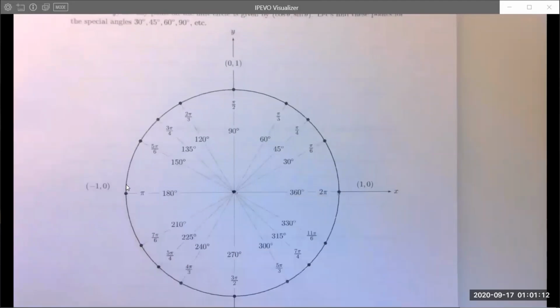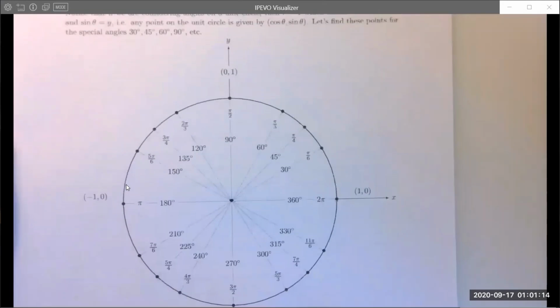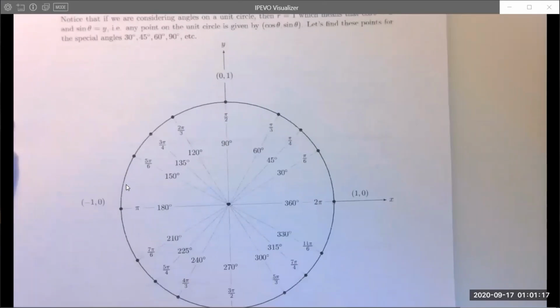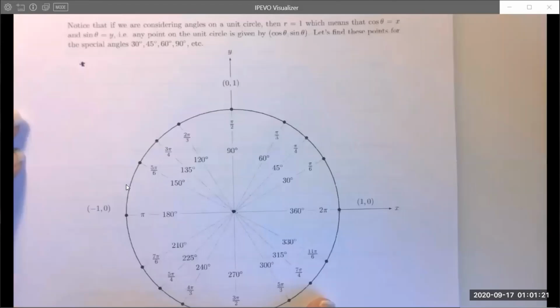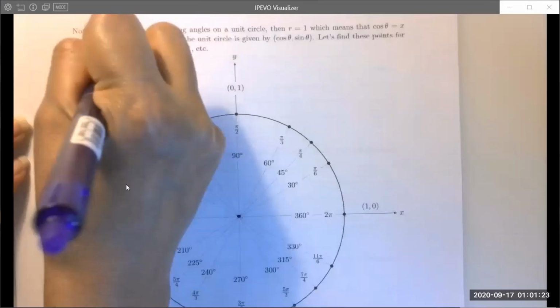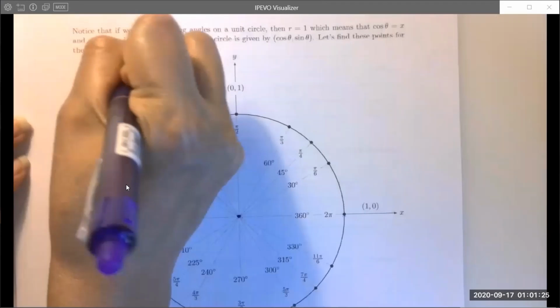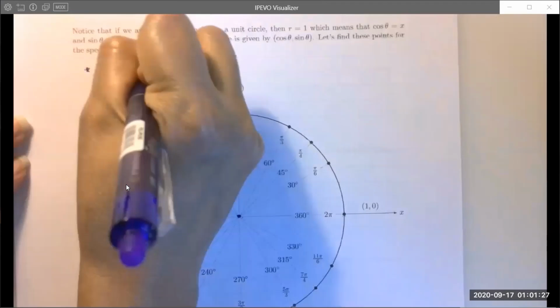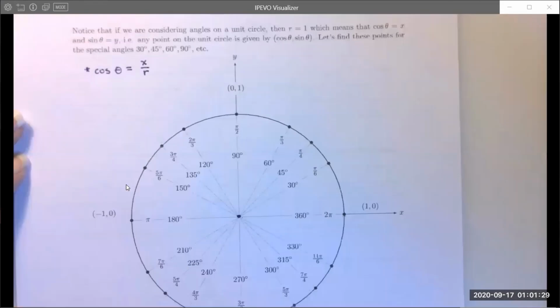Okay, so now let's tie it back to what we learned about sine and cosine specifically. Cosine, according to this alternative way of thinking about the trig functions, is x over r, right? Where x is the x coordinate of the point and r is the distance from the origin to the end of the terminal side.